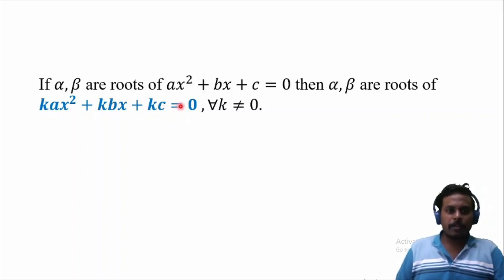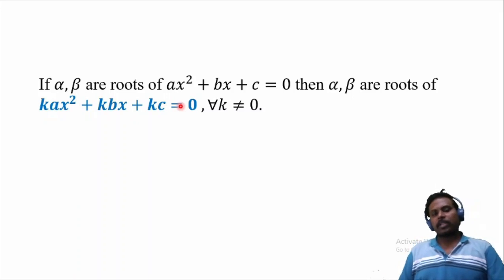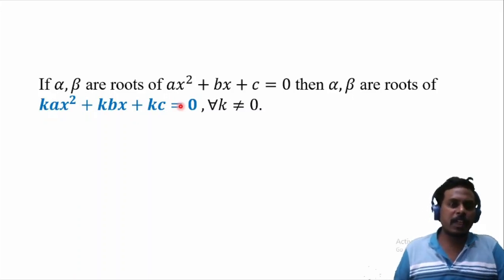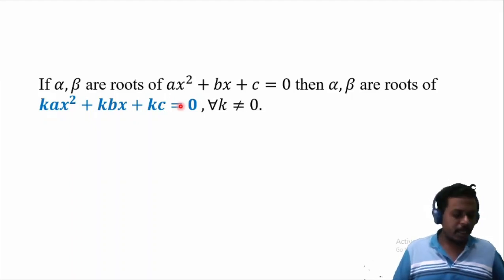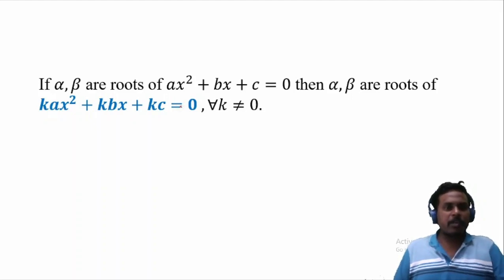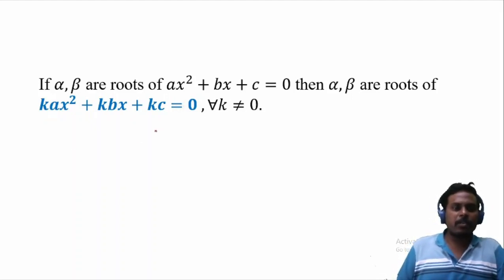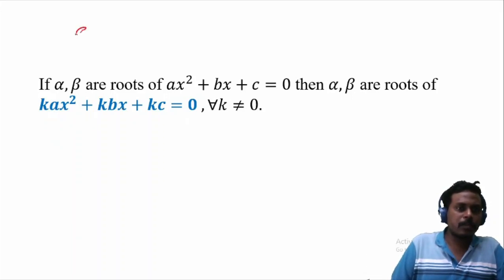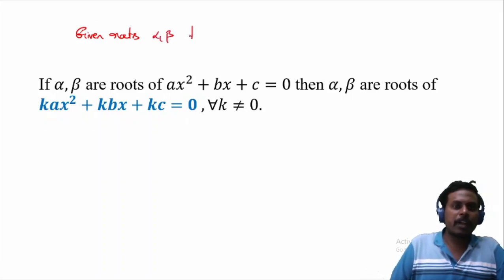Now, so far we have seen, given a quadratic equation, how to find out the roots with the help of the formula minus b plus or minus under root b square minus 4ac divided by 2a. Now the other way around is, given roots alpha comma beta, then find the quadratic equation. And we have seen this relation already.